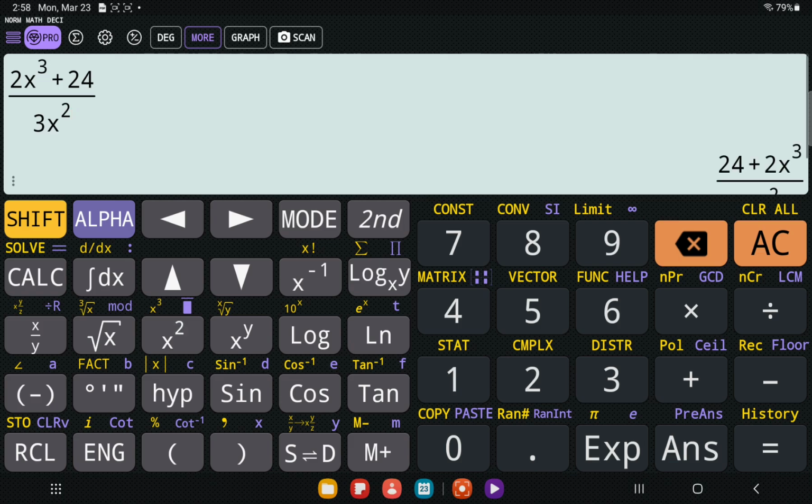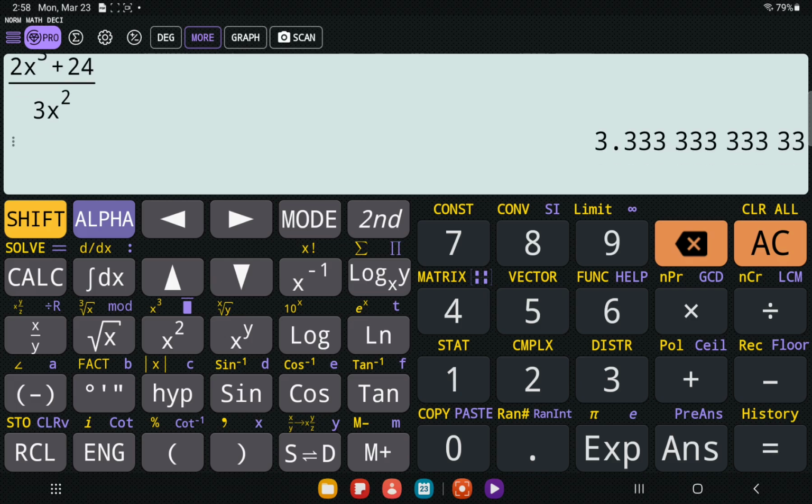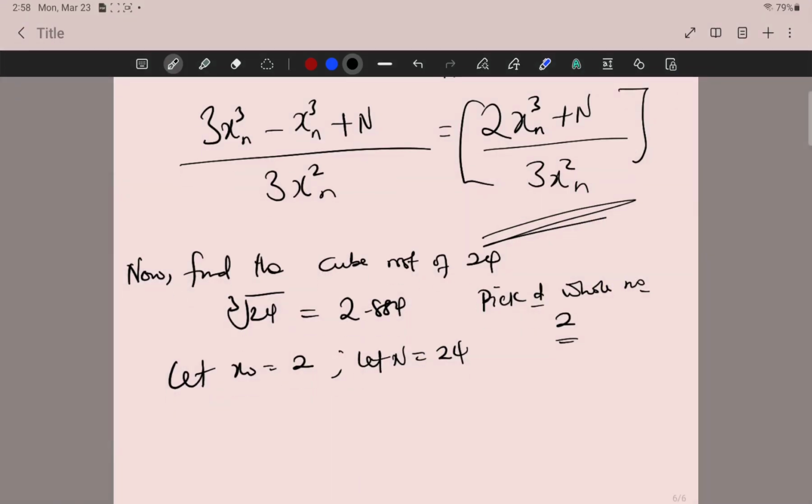If you calculate at 2, you're going to have 3.333 whatever. So x1 is 3.33 whatever.